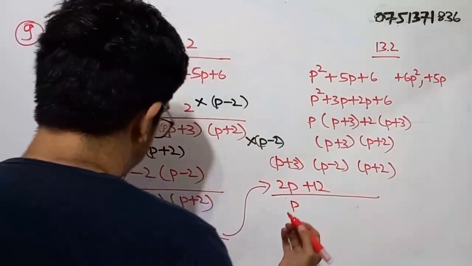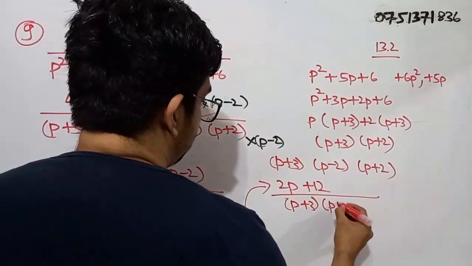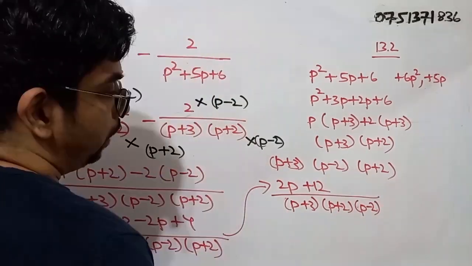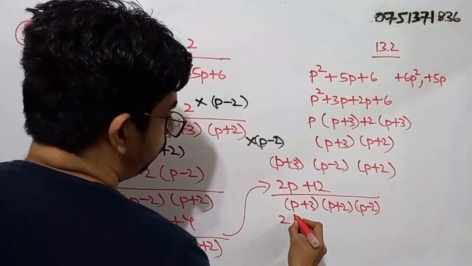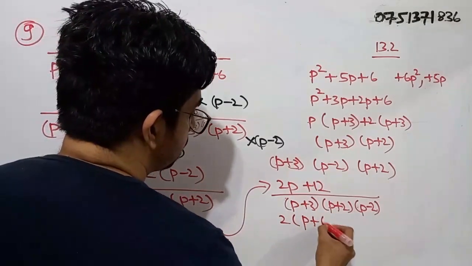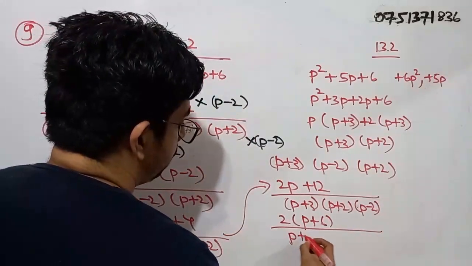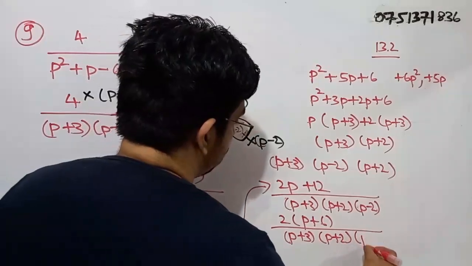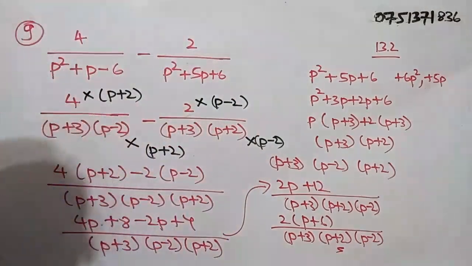So the entire expression needs to be divided by what? P plus 3, p plus 2, p minus 2. Right, and also we can simplify this term a bit. So 2 within brackets, p plus 6, entire expression divided by what? P plus 3, p plus 2, p minus 2. So this will be the answer.